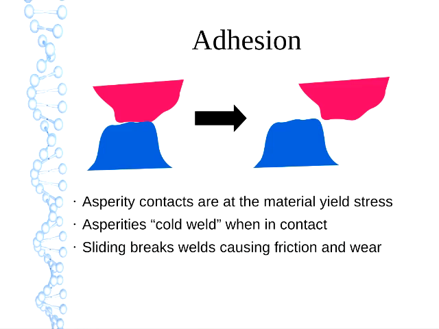It's a very high pressure. Only a small percentage of the apparent area of contact actually has metals touching, but at those few points where the asperities are in contact, you get very high pressure. So those asperities cold weld when in contact, and when you want the surfaces to move, you're breaking those cold welds, which causes wear to take place.